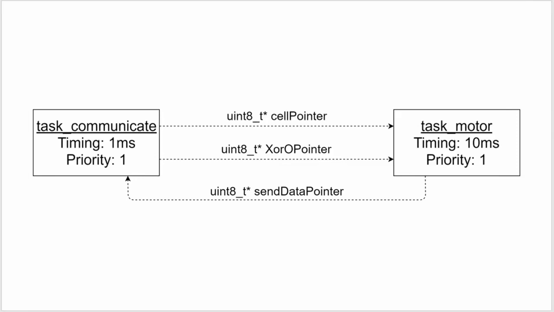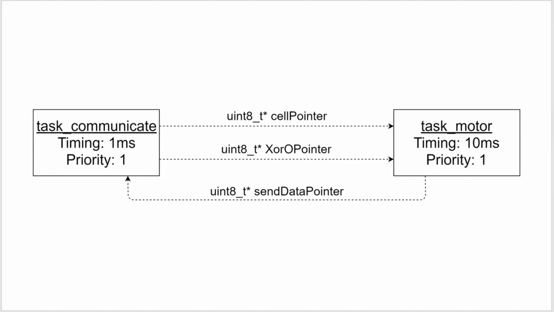There are 3 shares that are used to implement communication between these tasks. These shares are enabled through FreeRTOS, the ME507 port of it. The 3 shares are as follows: a cell pointer, an XO pointer, and a send data pointer, that do just about what they sound like.